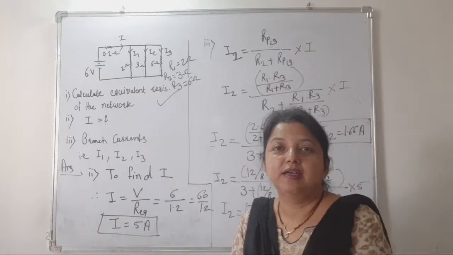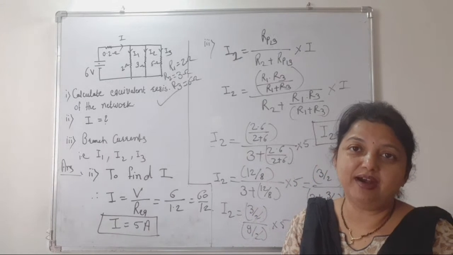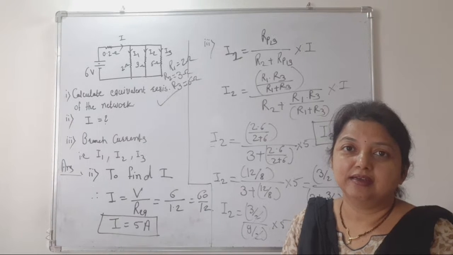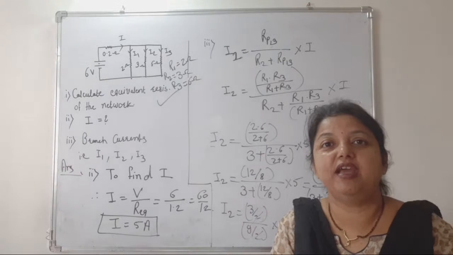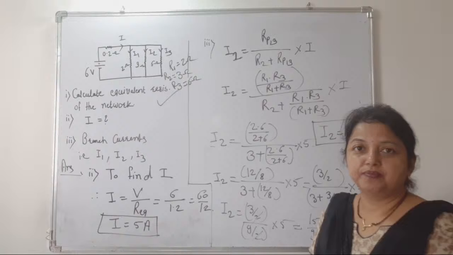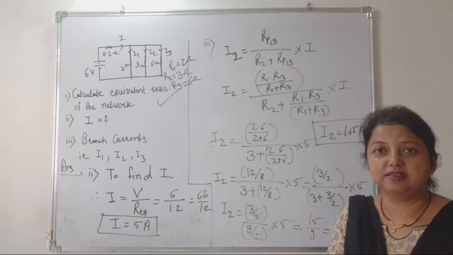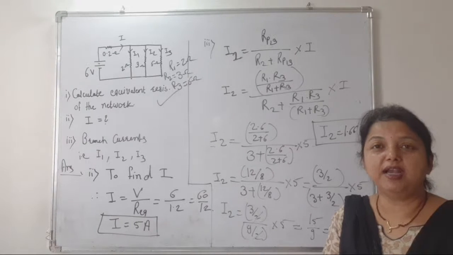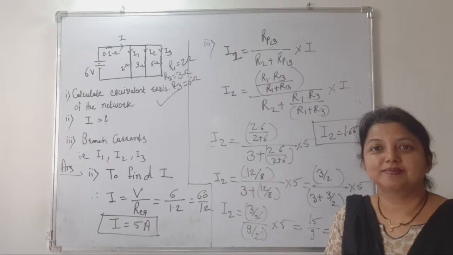Okay. So there is one simple trick to calculate I3. Anyone tell me that? In place of calculating like this, another way also you are able to calculate I3. Tell me, anyone? How you calculate I3 other than this current division? Think over it.